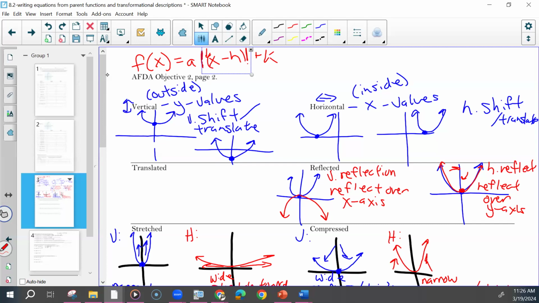And then you might also see one similar, but instead of absolute value, your quadratics. So A, pretend that's an A for all general purposes, parentheses x minus h, outside of that squared, outside of that plus k.